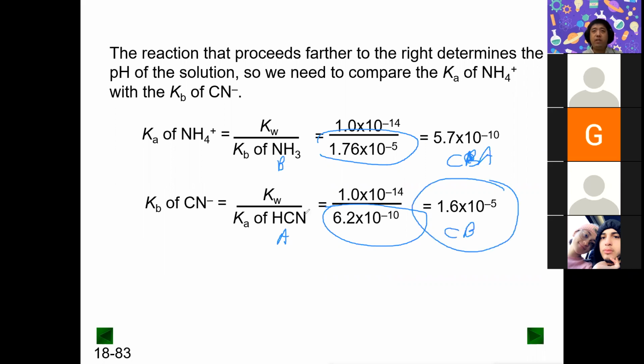So my conjugate base of this weak acid should be stronger than the conjugate acid of this weak base, because the conjugate is usually the opposite. The stronger the acid, the weaker its conjugate base. So this is essentially my conjugate base, and this is essentially my conjugate acid. Which one of these will interact with water more versus the other one?